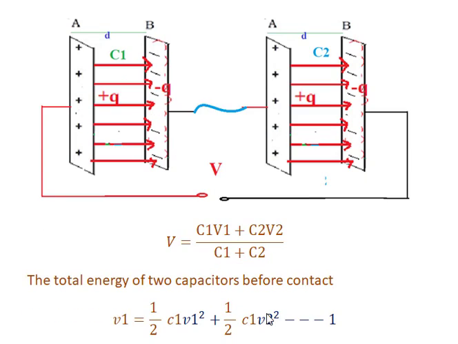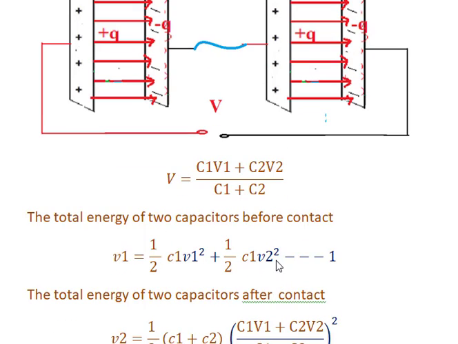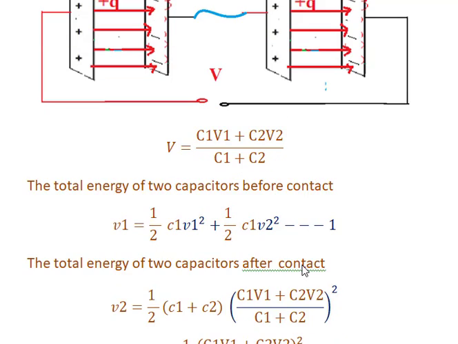Here the total energy of the two capacitors before contact, U1, is equal to half C1 V1 square plus half C2 V2 square.